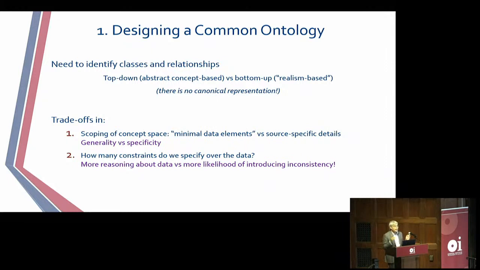Okay, but again, I want to emphasize, however you do this, there's no one canonical way of ending up at the classes. Moreover, as you try to do data integration, what you find is there's always a tension in a couple of things. One is, how general do you want your global ontology to be, right?